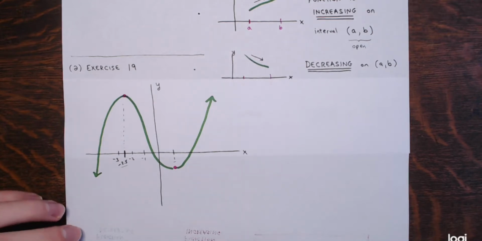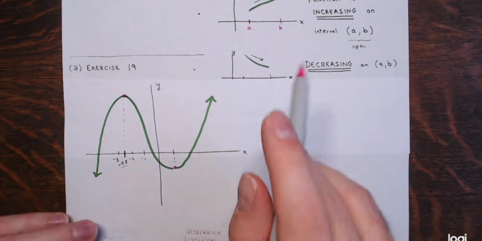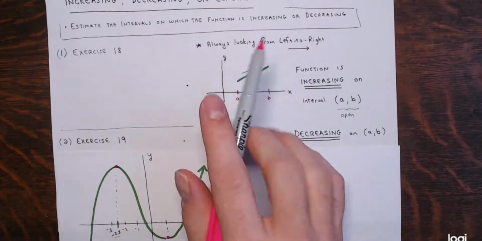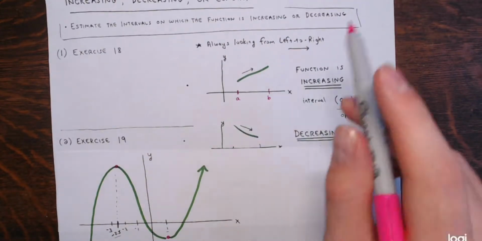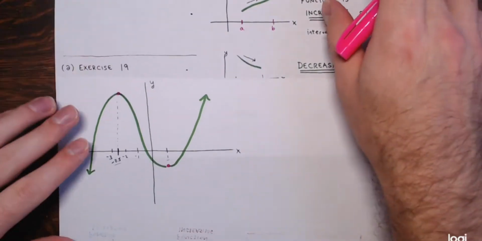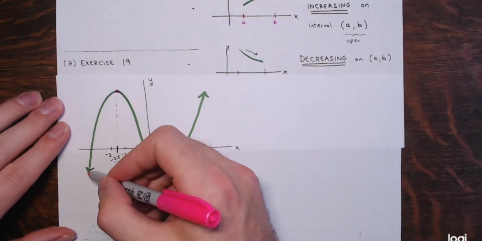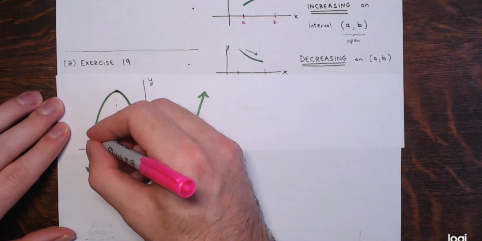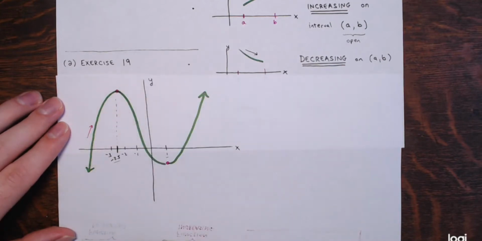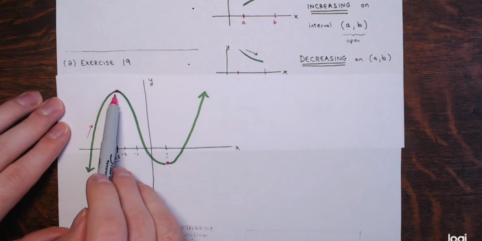So again, looking at it from left to right, as I mentioned way back, I always look from left to right when talking about where a function is increasing or decreasing or constant. Starting from here, looking from left to right, clearly the function is increasing, up until this point at the top of this hill.